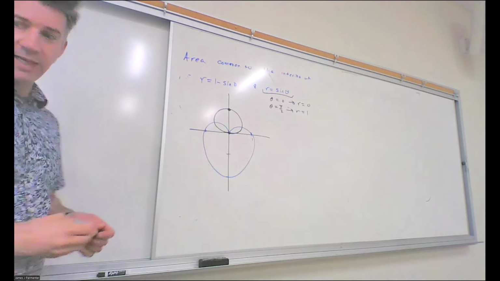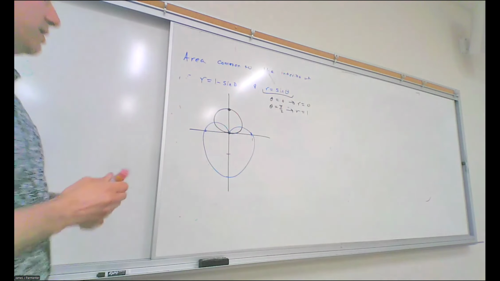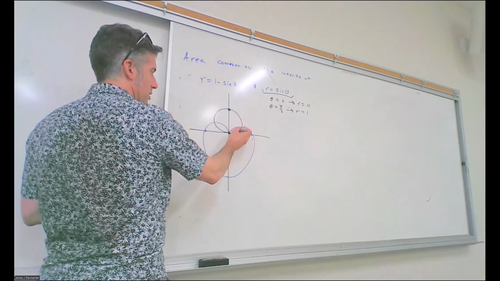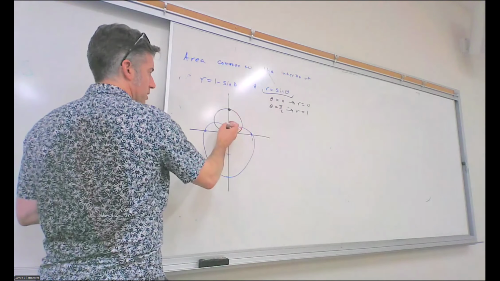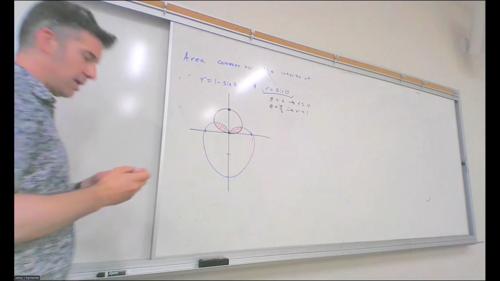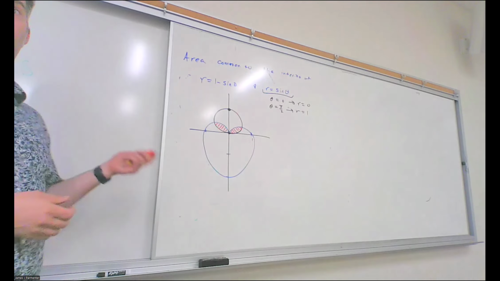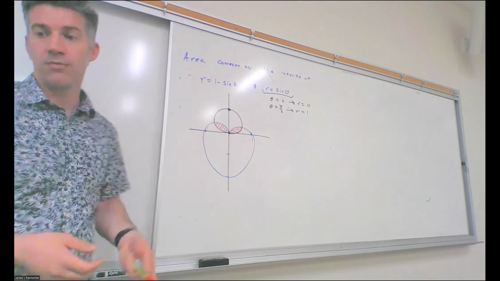What I'm trying to find is the area that is inside both of these curves, so this region here and this region here. It seems like I could use some symmetry properties to double just one of these areas.